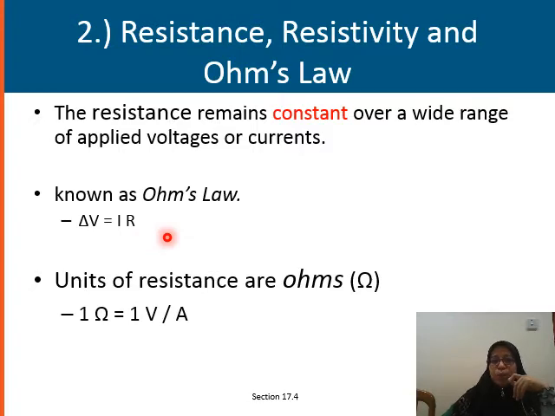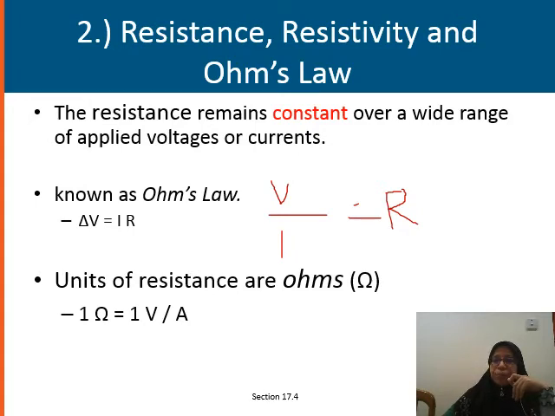Originally in the book it used to be stated as V over I, for the reason that R in most materials is supposed to stay constant, and therefore when you apply bigger voltage, you're going to get the consequence of bigger current. The unit of resistance is the ohm. So ohm is also equivalent to volts over ampere.